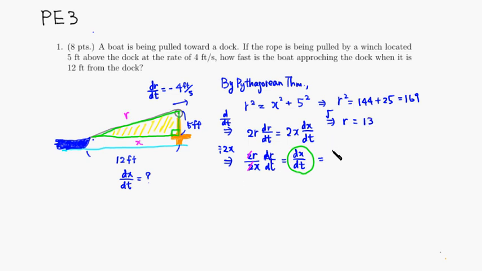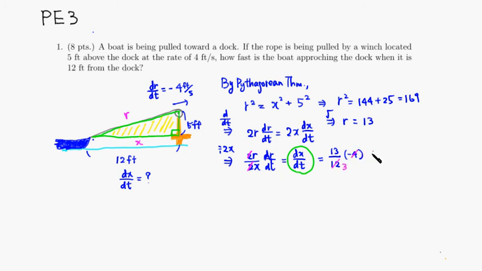So r is actually 13, so I'm going to plug 13 in for r. Then x is 12, and dr over dt is given to be -4. You can cancel 12, so that will be 3 and 4.